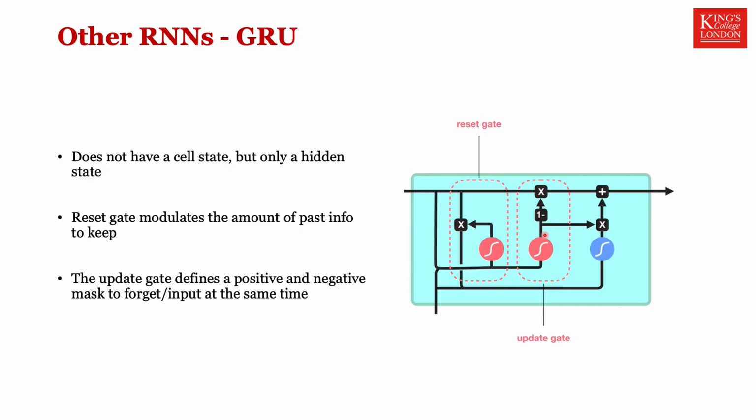So the same selector removes some information and adds other information in that location. So this update gate is called an update gate because it's removing and adding in the same location as defined by the selector. So it gives you a parametrically more compact version of an RNN, which in many settings can perform better because of that parametric compactness, but in some other settings might not perform as well.